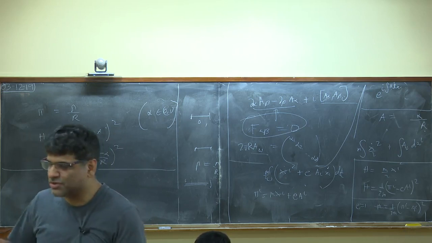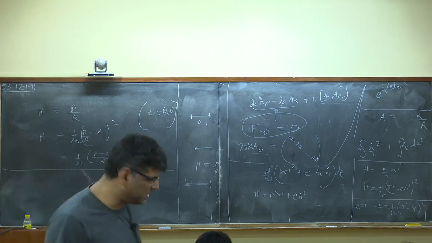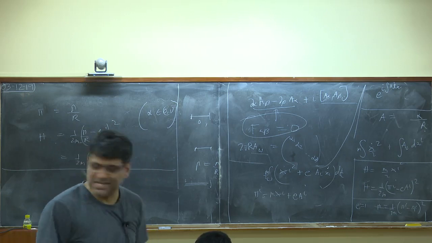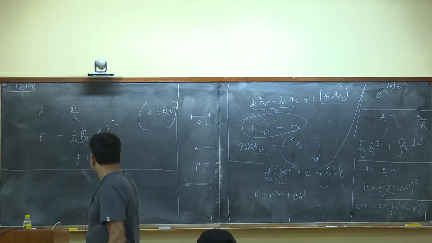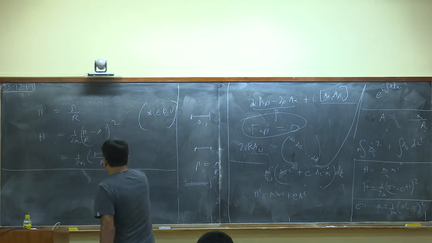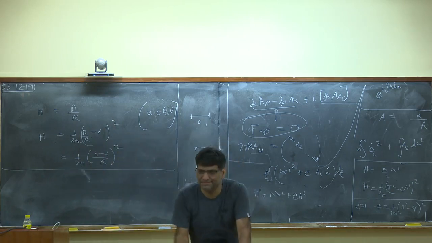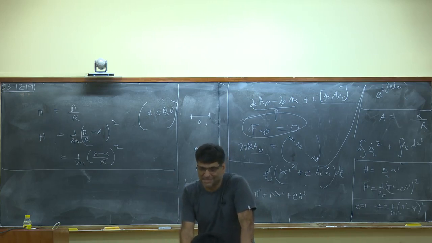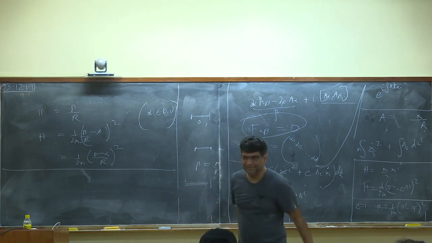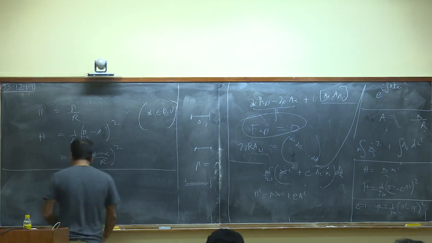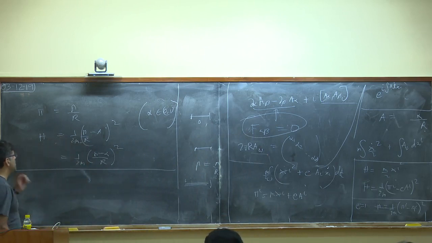There's no canonical conjugate momentum and so on. It's just finding the energy and diagonalizing it. You'll get a formula like this for each particle, and then you get multi-particling of that. It's a simple exercise which I'll leave for you to do. Okay, excellent.